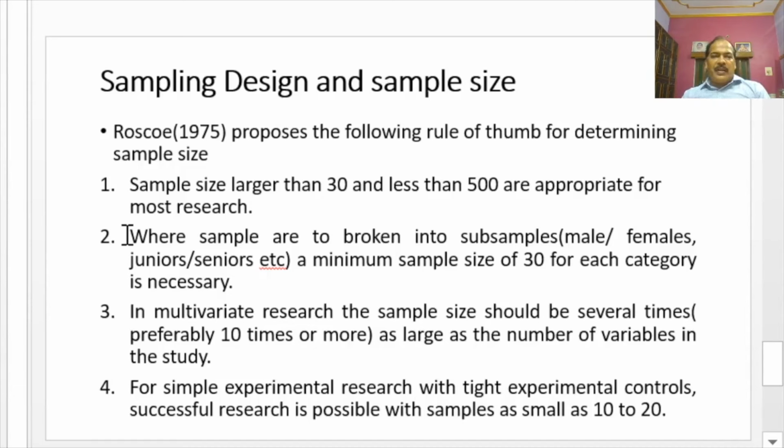It can be said that if our data is able to fulfill the characteristics or assumptions of a particular type of statistics, we can go for that type of statistics.